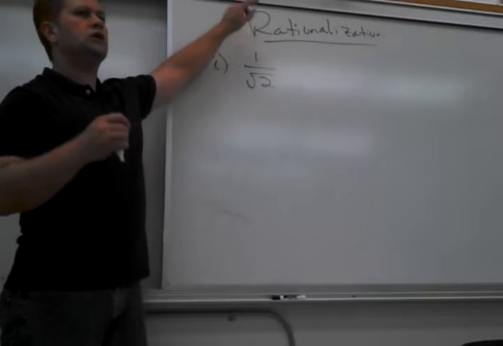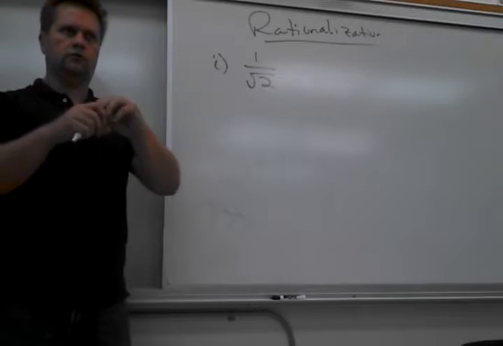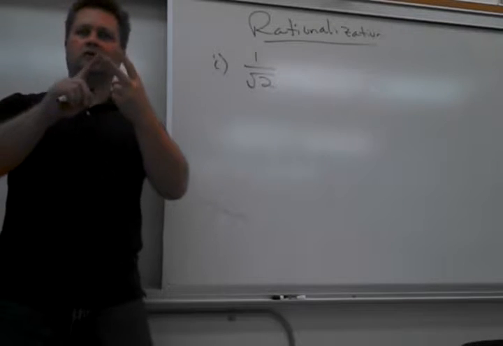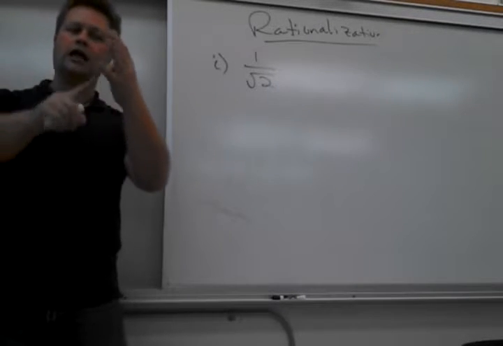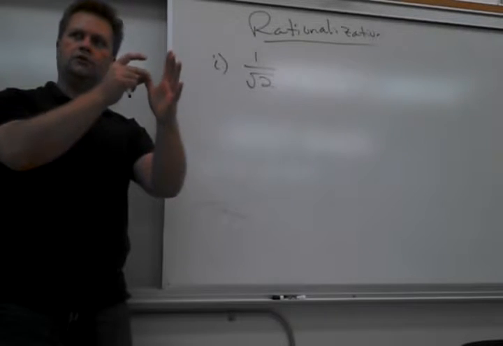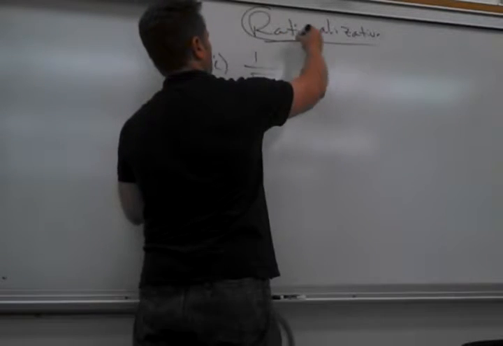So rationalization, what kind of a number is a rational number? You guys remember? There's whole numbers, natural numbers, integers. Then there's rationals and irrationals. What's the difference between rationals and irrationals? What's the root word of rational? Ratio.